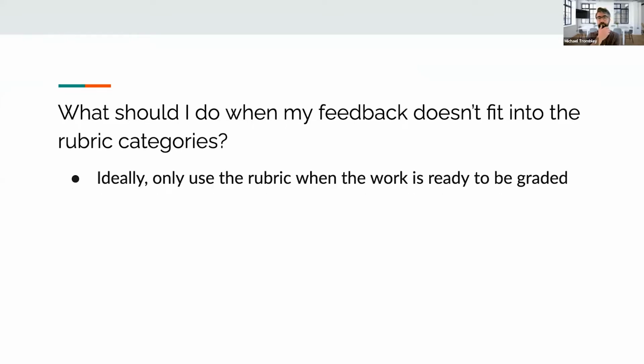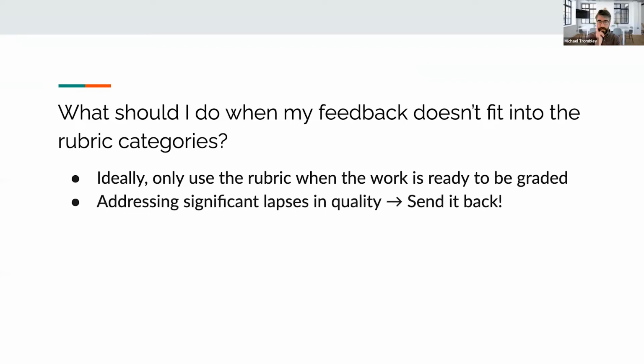My thoughts on this are, if you receive a response from a student that isn't really ready to be graded, then you don't need to grade it yet. And when might that be? If there are significant lapses in quality in the paper, like if it's a paper or a project, you receive it and it's not meeting base expectations that are sort of implied.